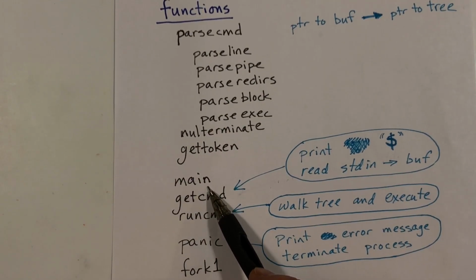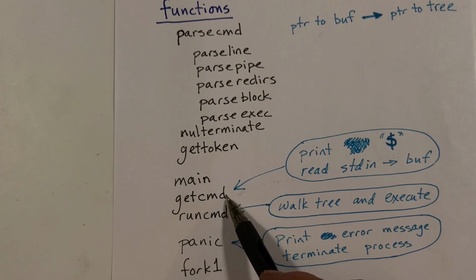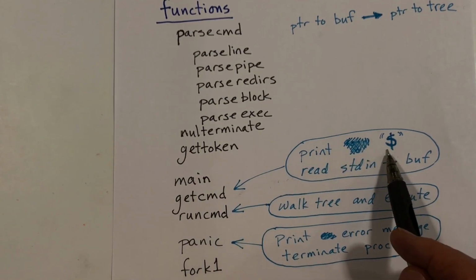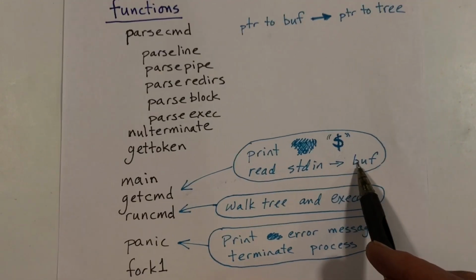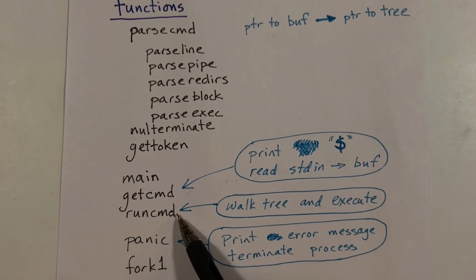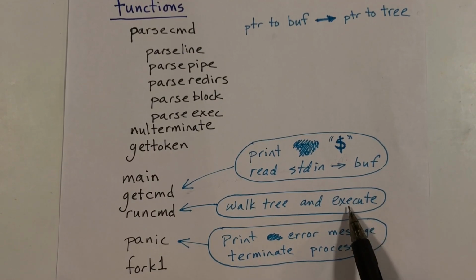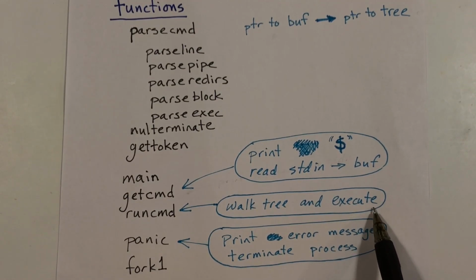Most of the action happens in the main function, and we also have a get command helper function which prints the prompt and reads in from standard input a line of characters to the buffer. And then we have the function run command, which walks the tree and executes according to whichever nodes it encounters.